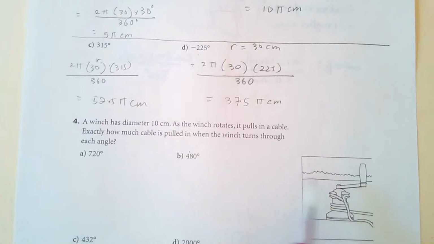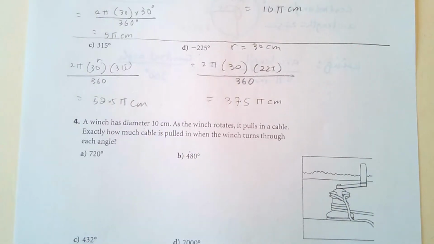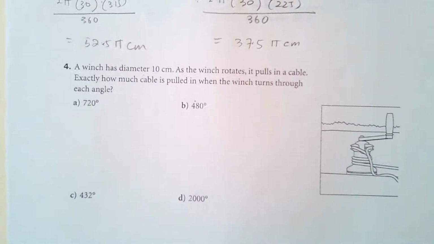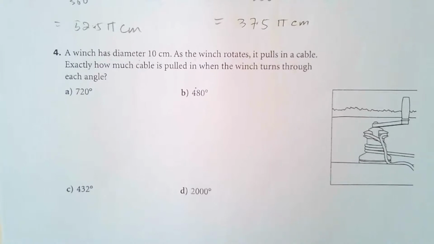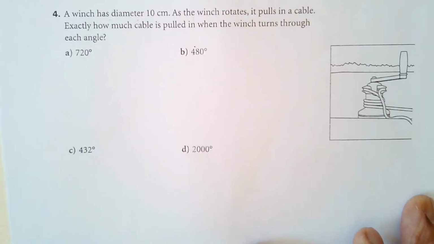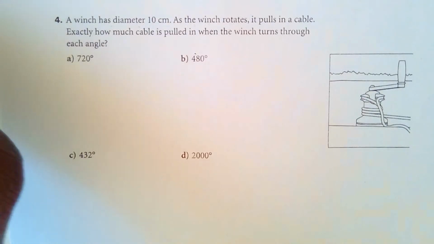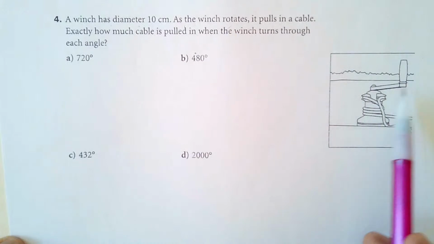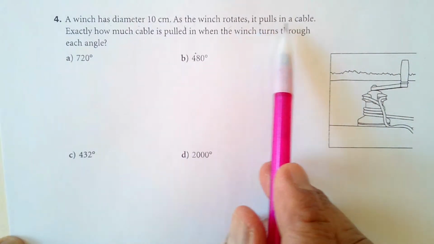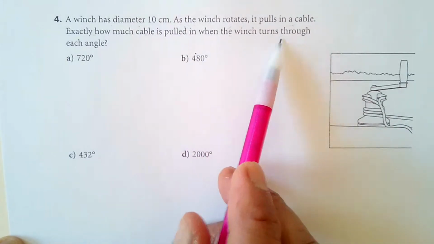Now here it says a winch has a diameter of 10 centimeters. As the winch rotates, it pulls a cable. Exactly how much cable is pulled when the winch turns through each angle?